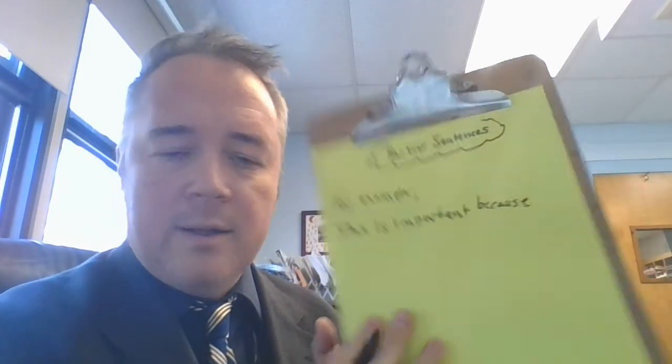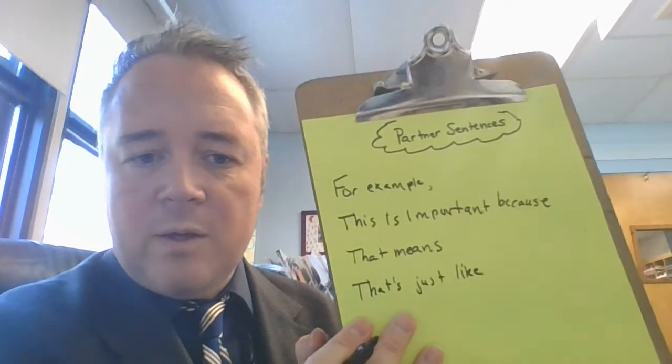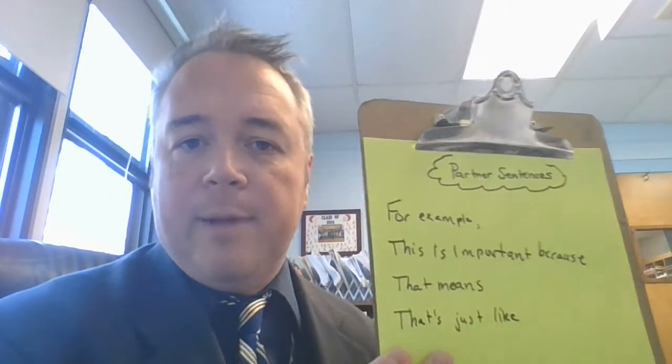You could also say, that means, or that must mean, right? And one more kind of partner sentence is the kind that starts with words like, that's just like. So if that reminds you of something, you can say that's just like blah blah blah, right?